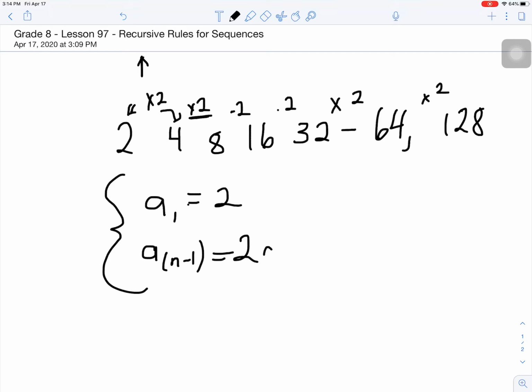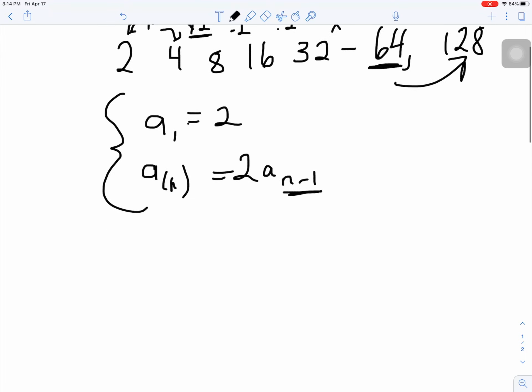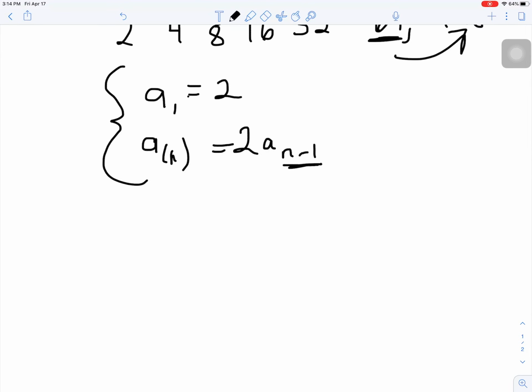Well, we have figured out that we're multiplying by 2. 2 times A n minus 1. So that's basically saying that we want to select the one before it, n minus 1, in order to find the answer to the current number in the sequence.